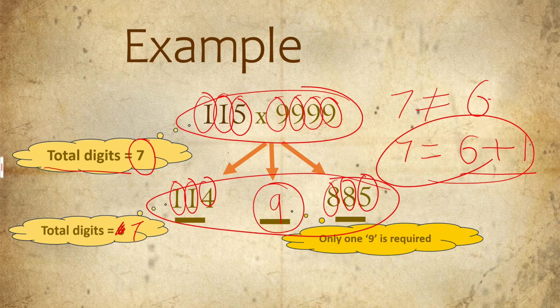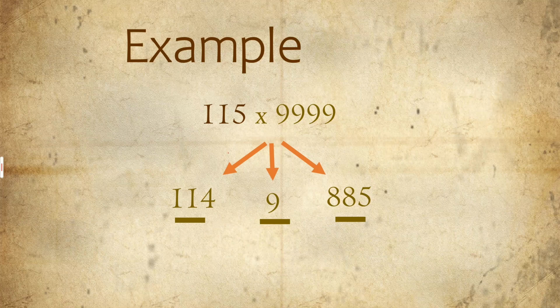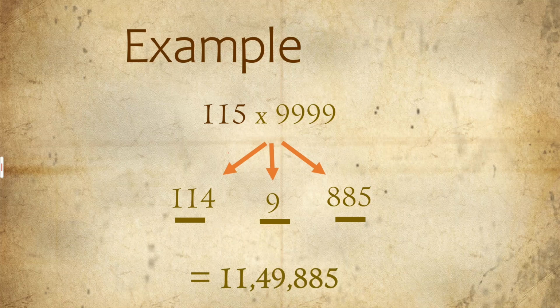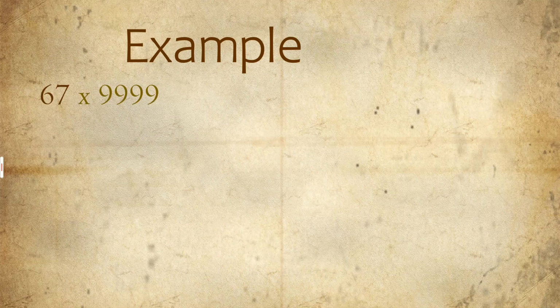Therefore, it's going to be the correct answer. So we're going to add a single 9, because that's what we require. And now if we count 1, 2, 3, 4, 5, 6, 7, it's equal to the question. Therefore, the final answer is 11,49,885.